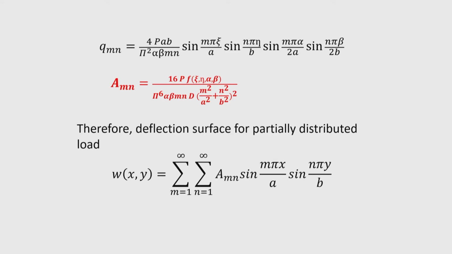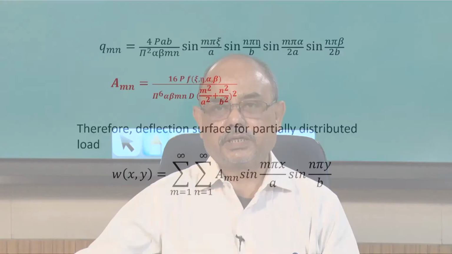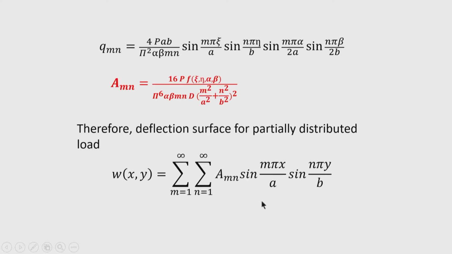If m is equal to 3, you will get 3 half waves in the x direction. Similarly, if n is equal to 1, you will get 1 half wave in the y direction. If n is equal to 2, you will get 2 half waves in the y direction, and so on. These are the parameters involved in A_mn, the coefficient of the deflected curve.